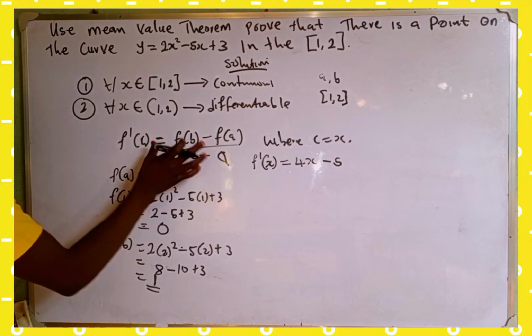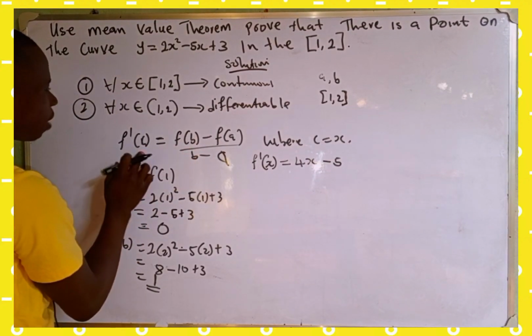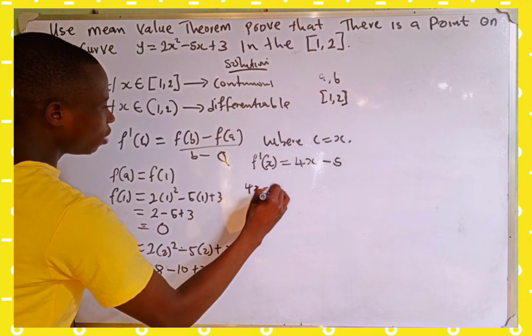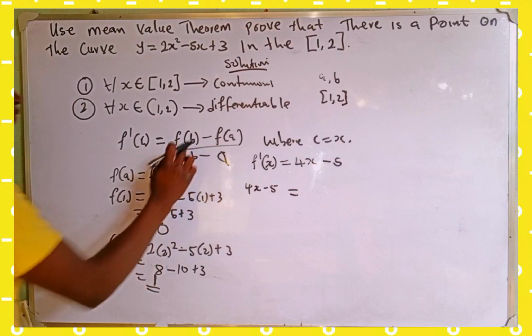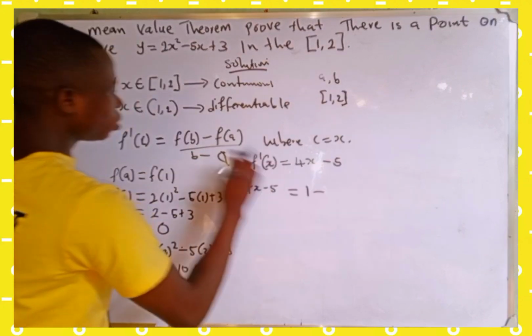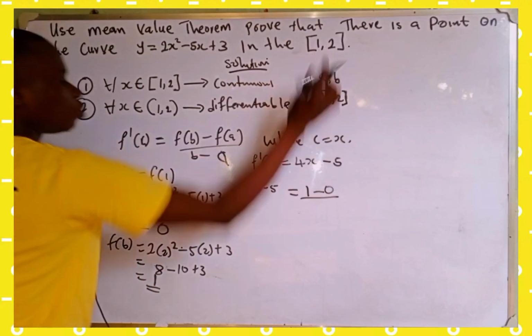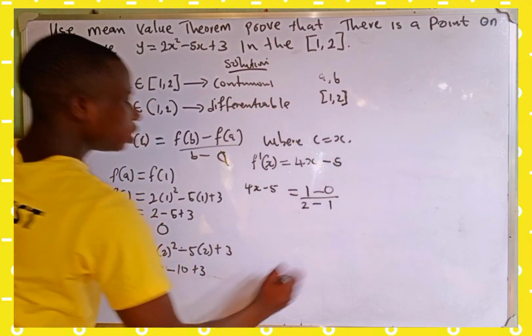So now we can substitute into this equation. F prime of c is the same as f prime of x, which is 4x minus 5, which is equal to f of b, which is 1, minus f of a, which is 0, all over b minus a. b is 2, then minus a, which is 1.